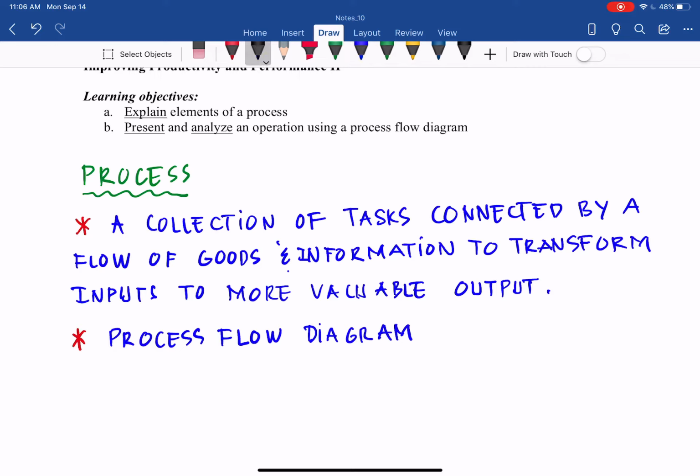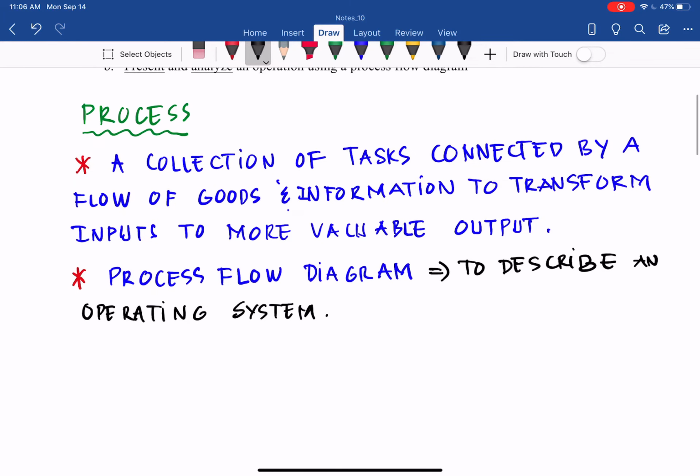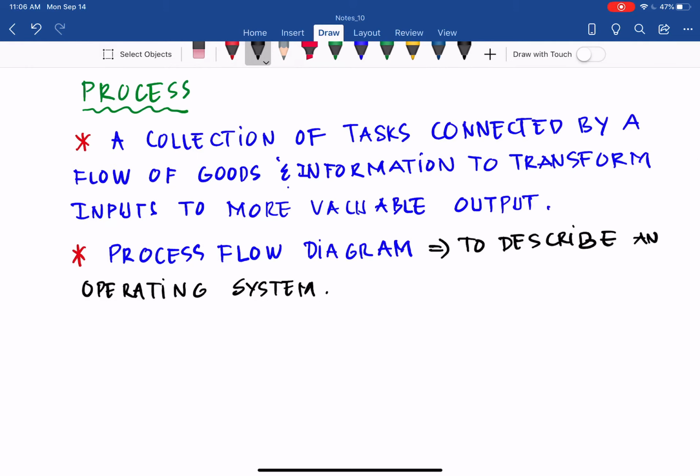Basically, the process flow diagram describes an operating system or a process.